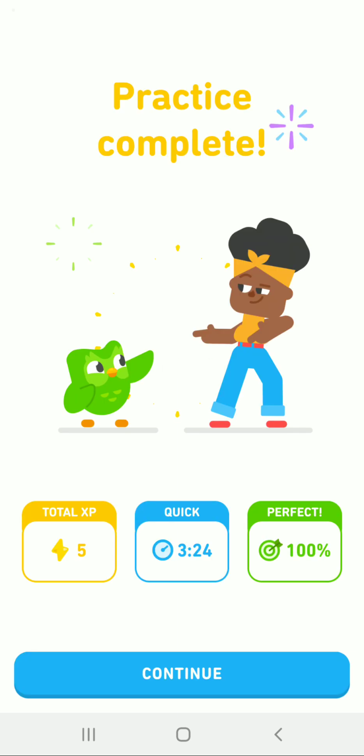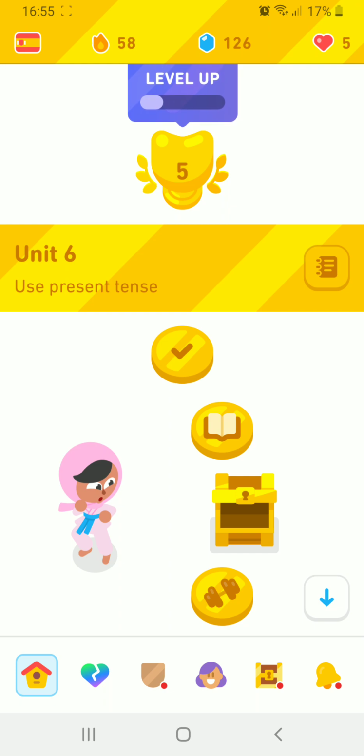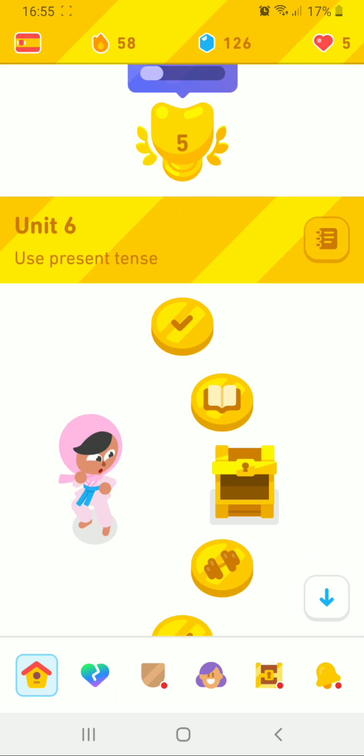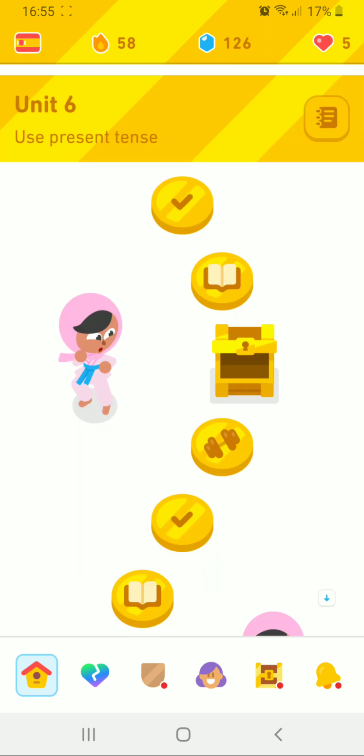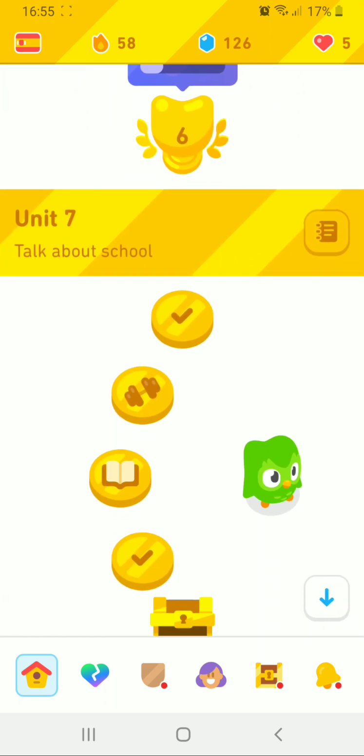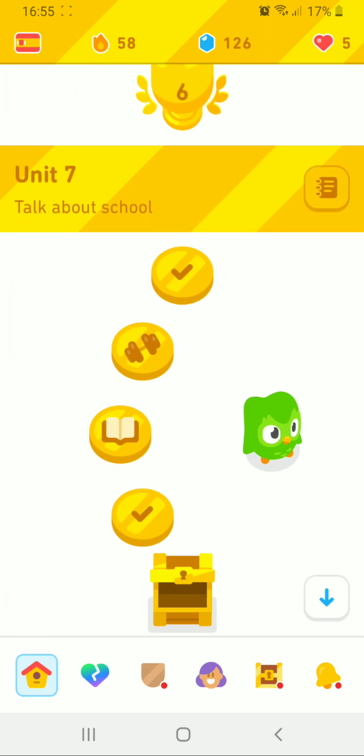And that was a mix of different units. I won't say that it was just for one theme. I think we were talking about different things here. So anyway, unit 6 was about the use of present tense. So we have used different verbs. Beber, comer, maybe not so much, but hablar for sure, yeah.